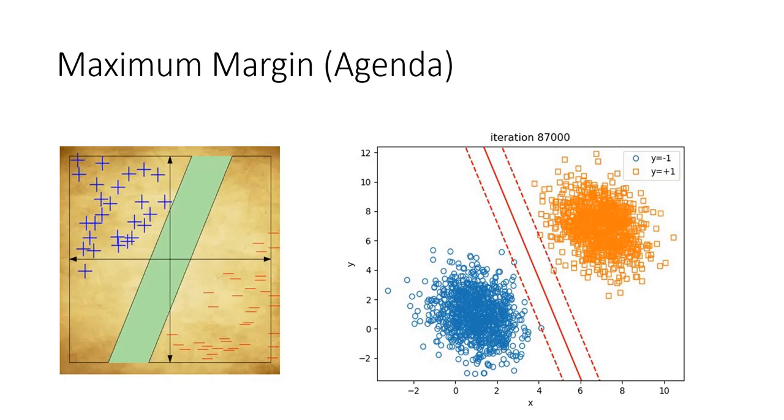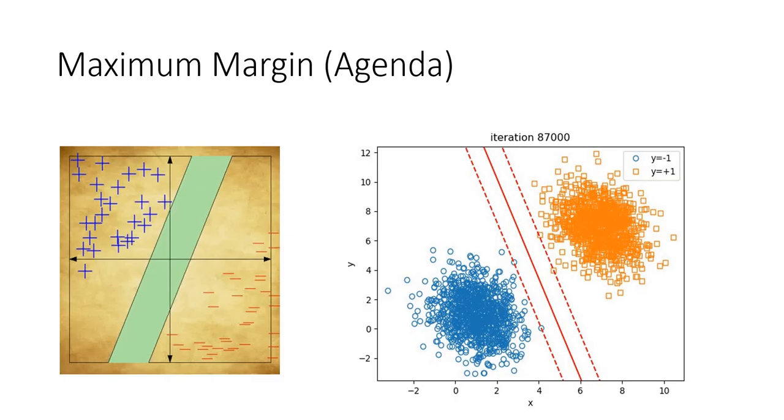So if we remove some points that are far away from the boundary, the SVM decision boundary may remain almost unchanged. But if we move one of the support vectors, the optimal boundary can change significantly. So remember, three important terms: number one, the decision boundary that separates the two classes.